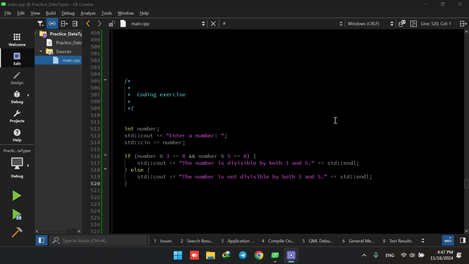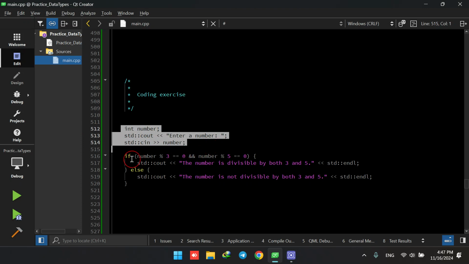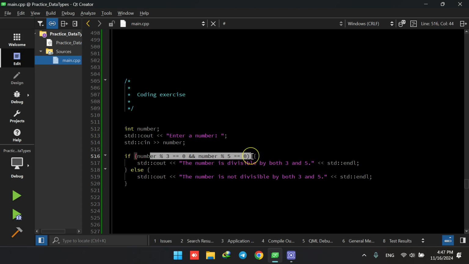So here we read the number from the user, we store it. Using a logical operator, we check whether the number is divisible by 3, and using the modulus sign we can see its remainder. So the remainder of the number divided by 3, is it equal to 0 or not?